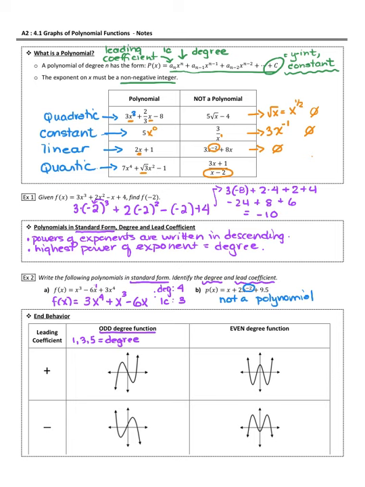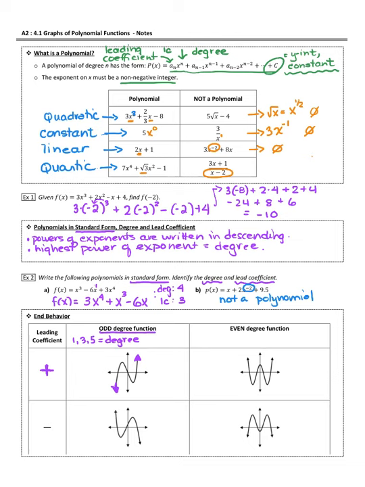And if the lead coefficient happens to be a positive number, then your final end behavior is going to be going in the positive direction, and the two end behaviors are going to go in opposite directions. This is really hard to convey through a video.